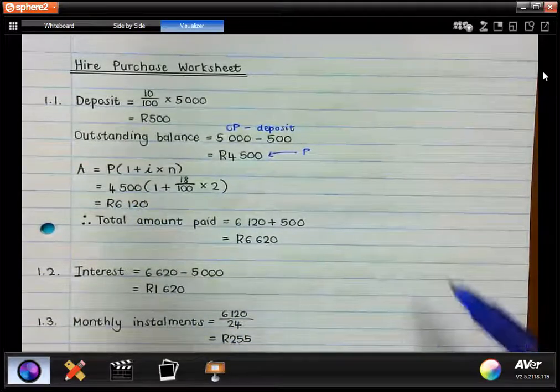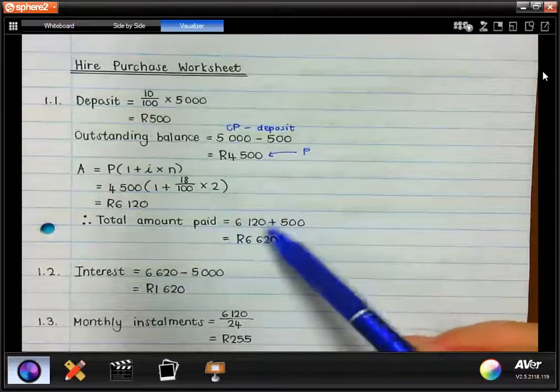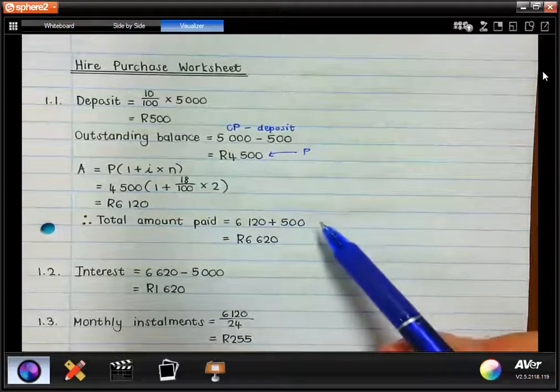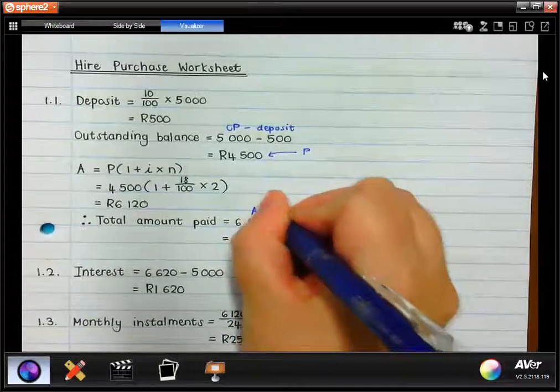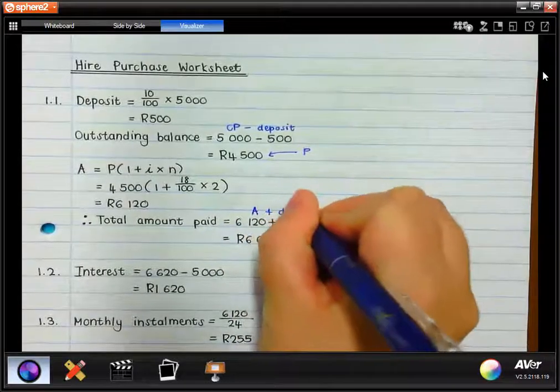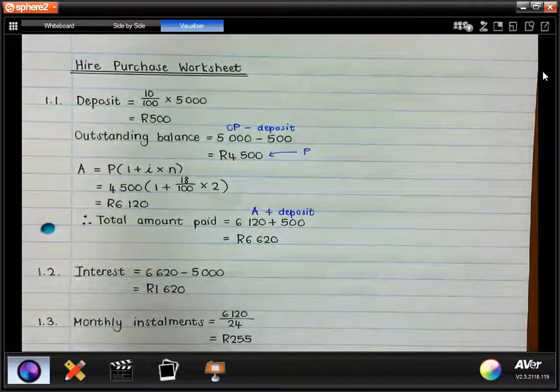That includes the interest. But if they're asking for the total amount paid, it's always your A value plus your deposit. Right, so A plus deposit. So the total amount paid was actually 6,620 rand.